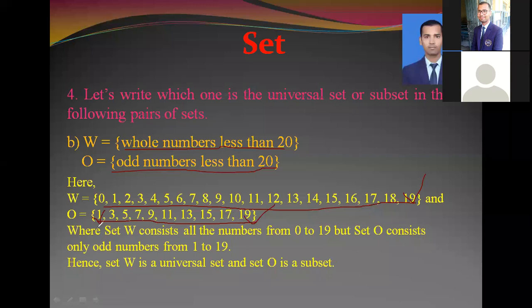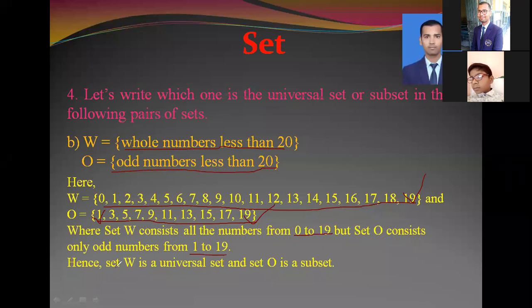As we can see here, set W consists of all the numbers from 0 to 19, whereas set O consists of only the odd numbers from 1 to 19.